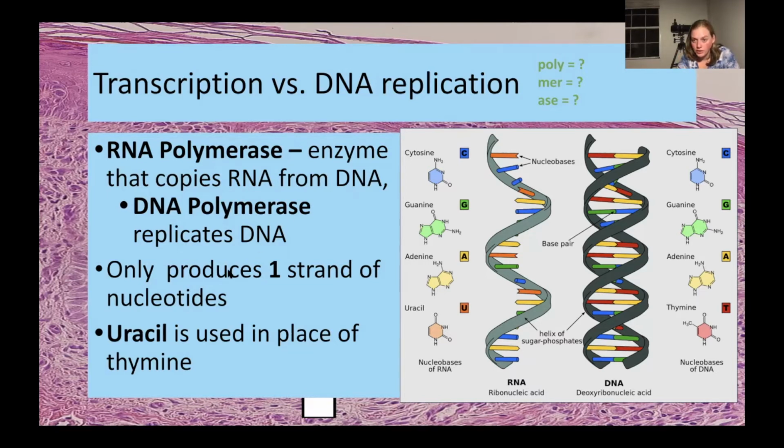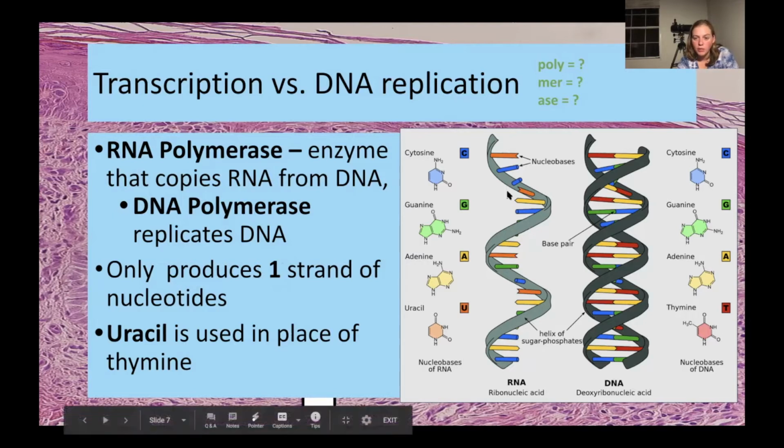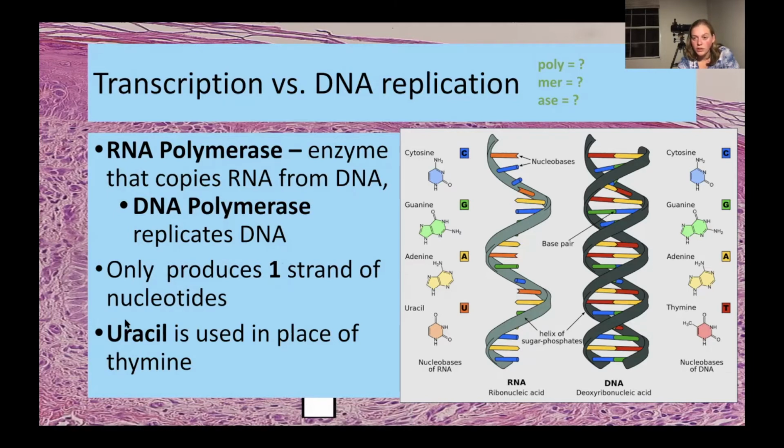With transcription, we're only making one strand of nucleotides, and that's going to be your RNA molecule. Now, another big difference is in place of thymine, with RNA, we are using uracil. So where you would normally write a T with DNA replication, for transcription, you're going to put a U.